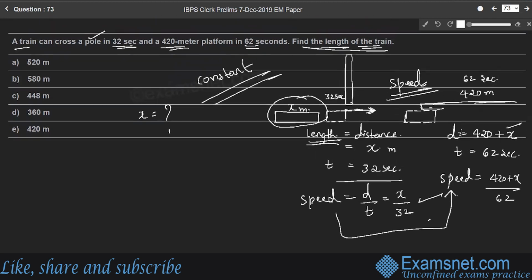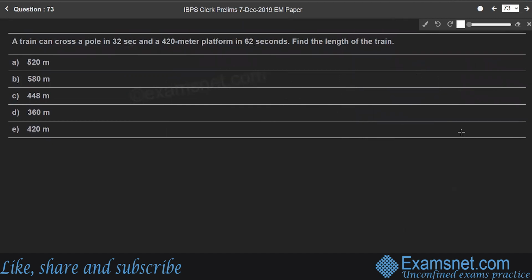Find the length of the train. So let us solve it step by step. Let x meters be the length of the train.